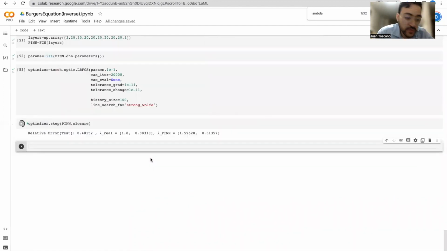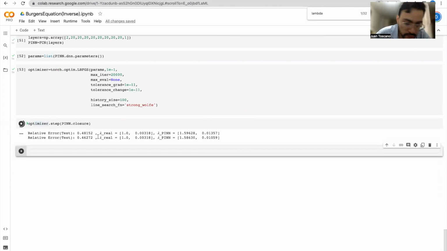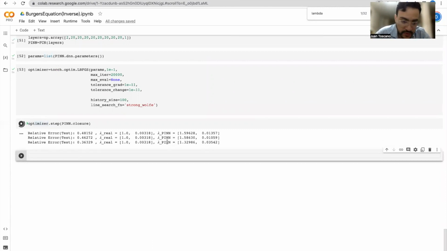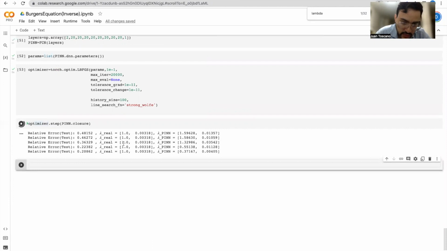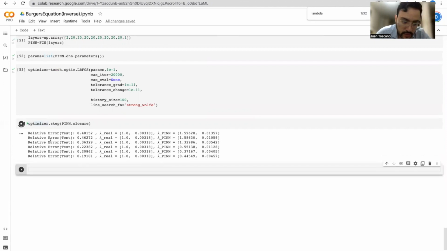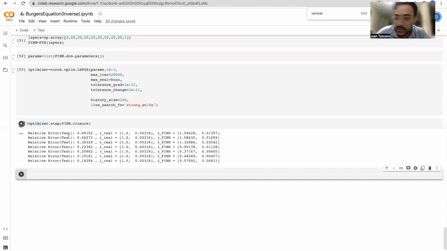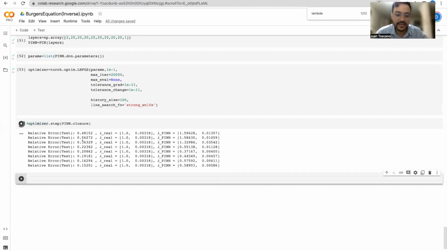So it's working. We see we have the relative error, and this is how the parameters are being estimated. You can see how both values are approaching the real values and how the relative error in the testing data, so in the whole data set, is decreasing.